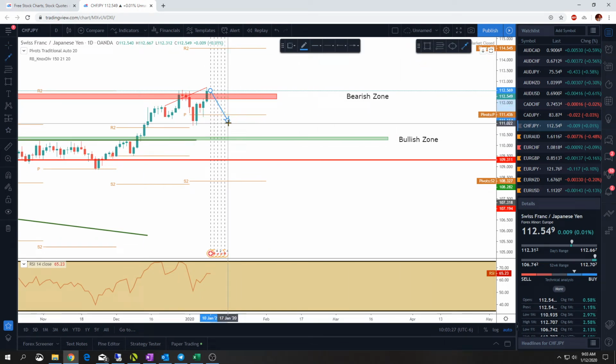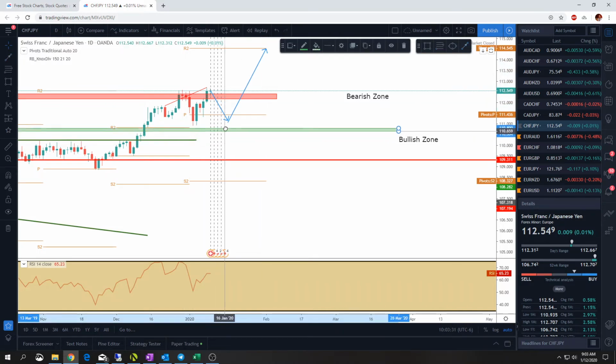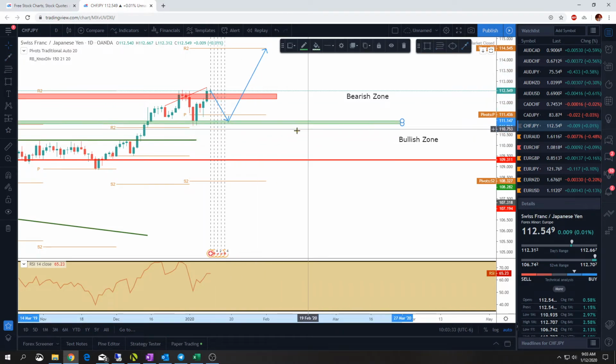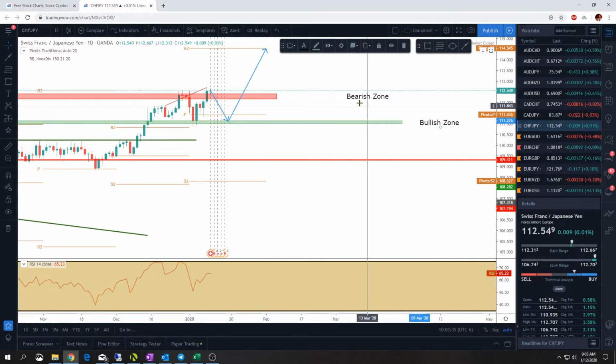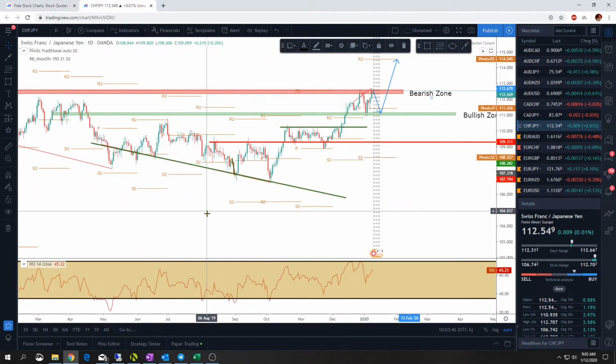Then from that level we might see a push. So I'm going to move my bullish to that area. So out of the gate I'm bearish, then bullish. So hopefully you guys can see that.